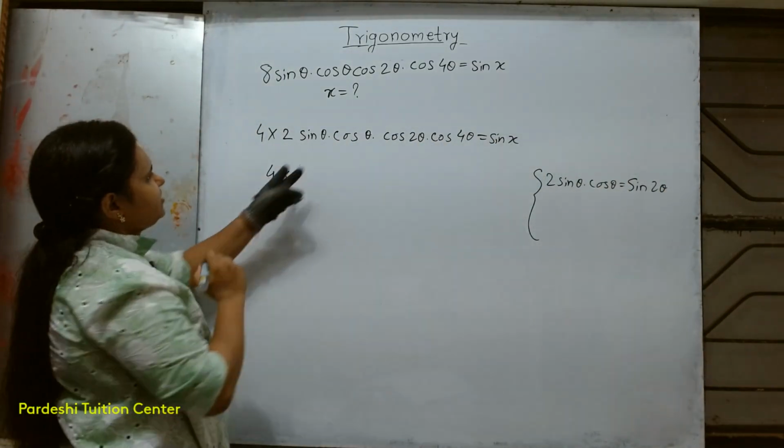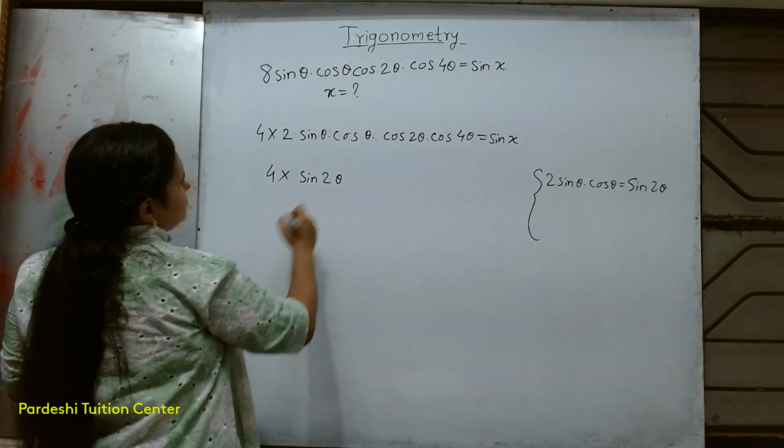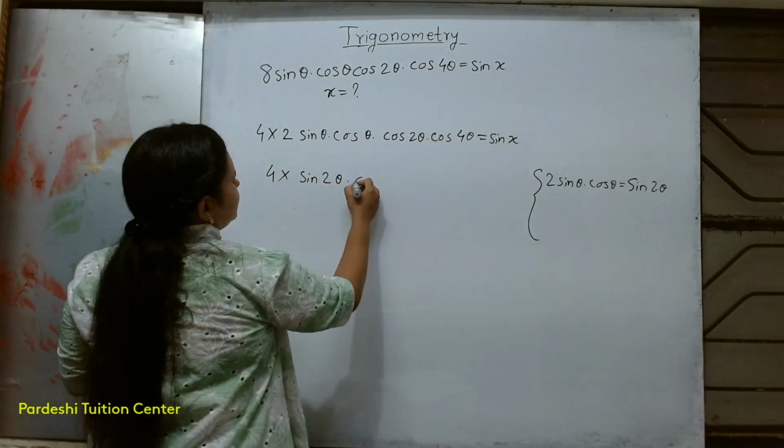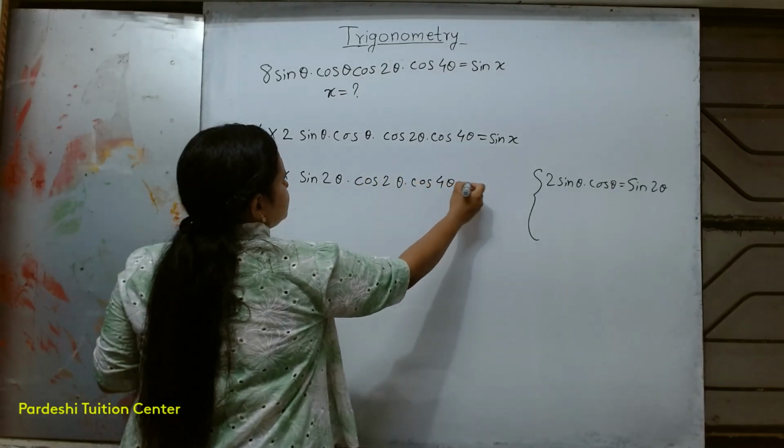So we can write in place of this sin 2 theta. Now what is remaining? 4 sin 2 theta cos 2 theta cos 4 theta equals sin x.